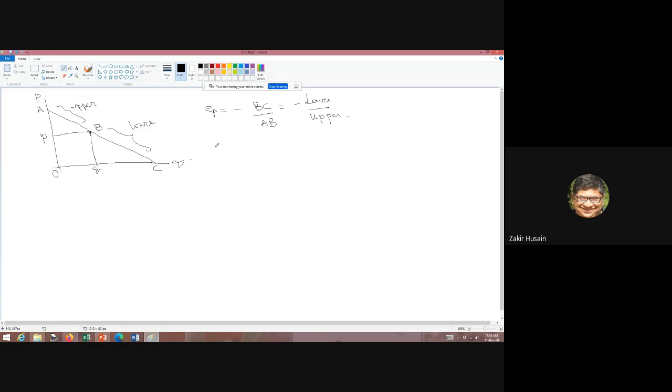Now the proof is as follows. See, what is the definition of elasticity? The degree of responsiveness to the change in quantity demanded over change in price. Okay. Now, what is price over here? It is OP.